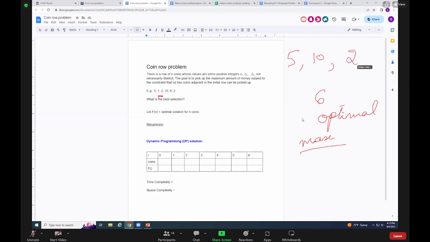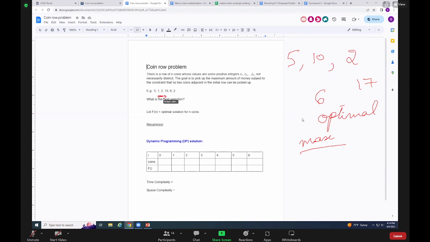Can you pick them repetitively? No, there's only one of each. So this one gives us 17. It's not necessary you even pick up the first one. Once you moved forward, you cannot go back, right? So once you reach 1, you cannot say, okay, 5 was bigger, so I'm going to pick that. You just have to make a selection, keep moving forward.